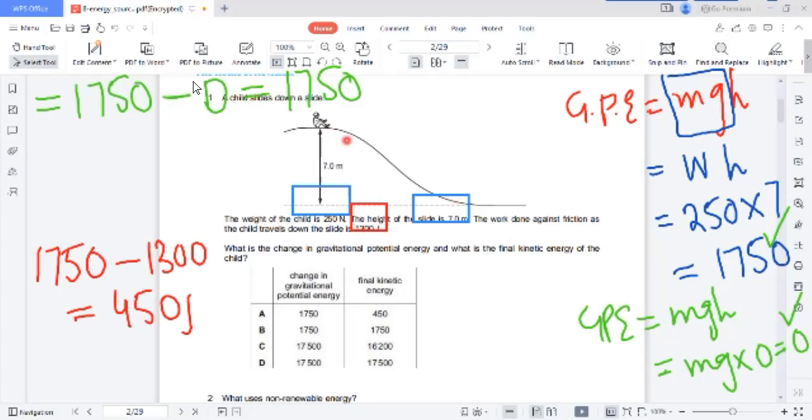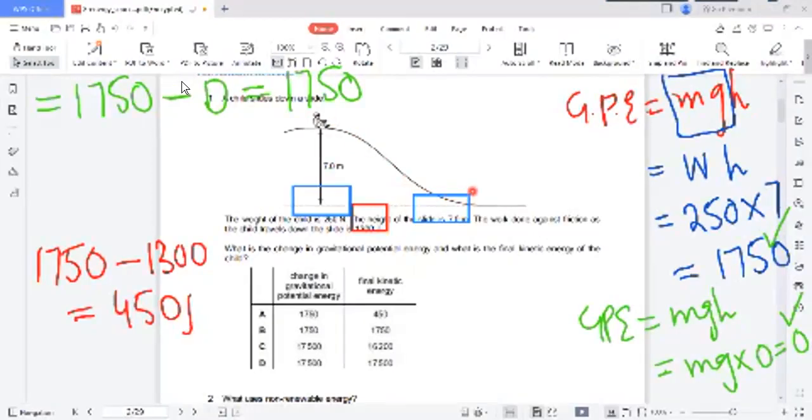When this child reaches here, it would be in a state of motion. And due to motion, that remaining energy would be its kinetic energy. Here it has 1750 as potential energy. When it was going downward, some of the energy was wasted against friction.